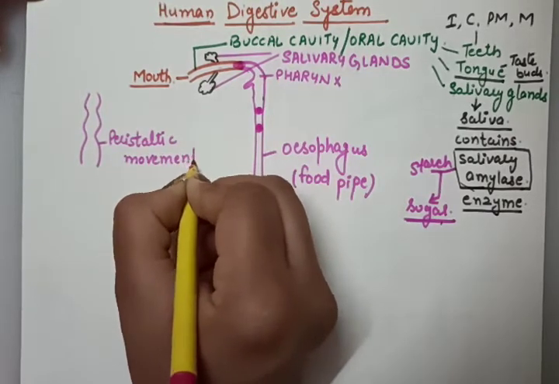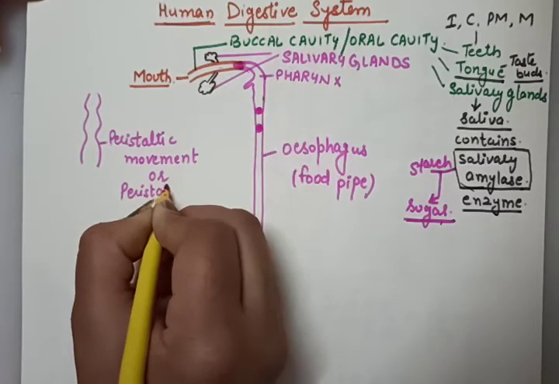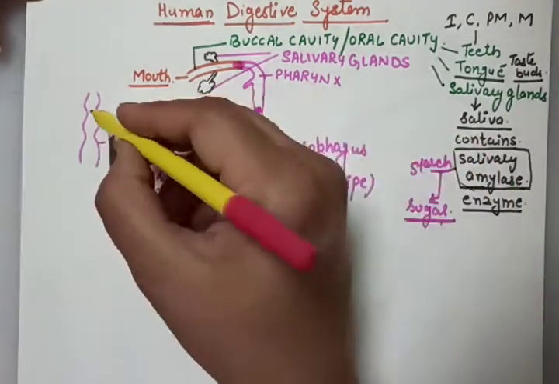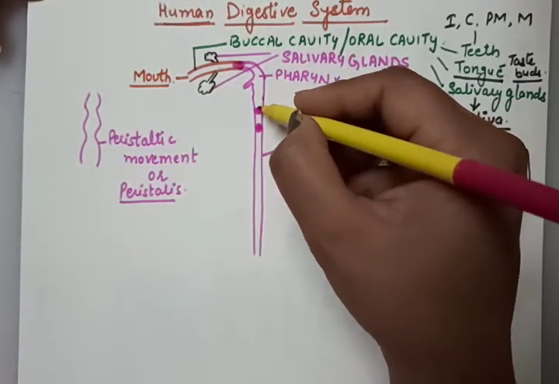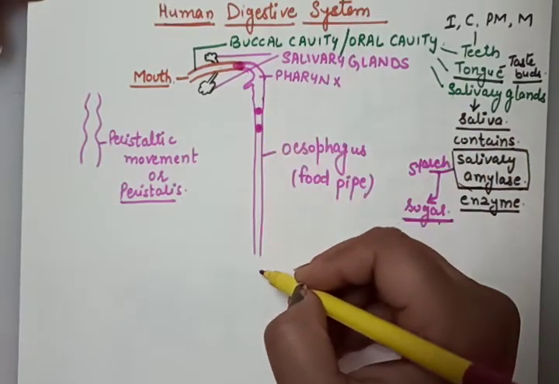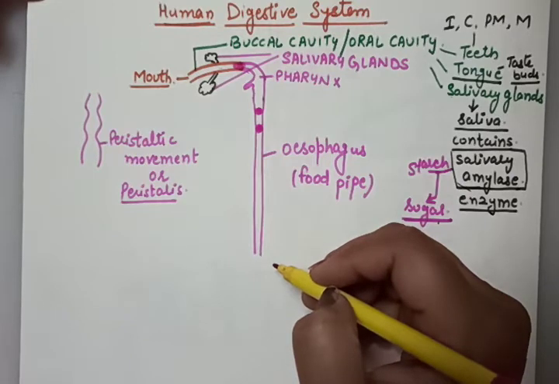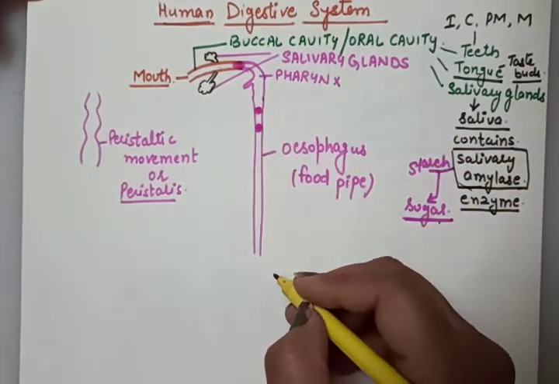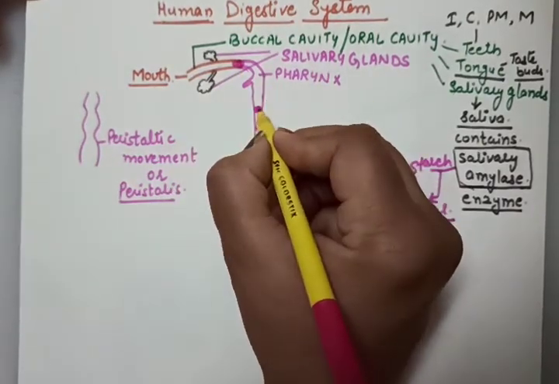Peristaltic movement or peristalsis. Okay, this is the rhythmic contraction of the esophageal muscles to pass the food to the stomach. That is called peristaltic movement or peristalsis. Now this semi-solid food is called bolus.